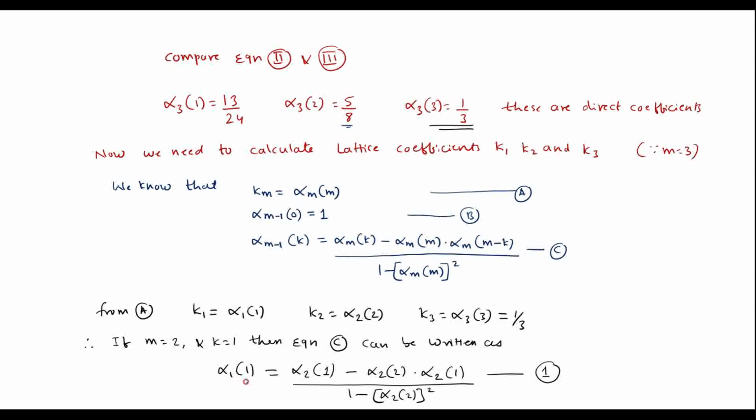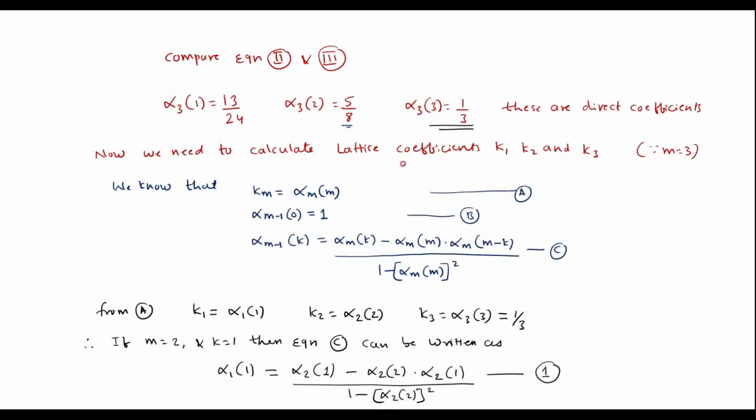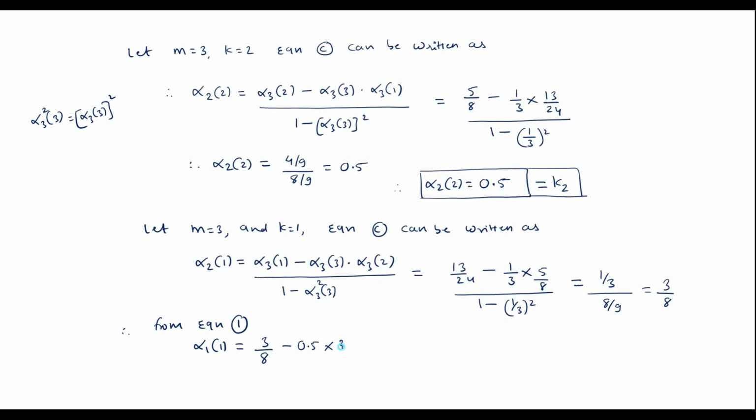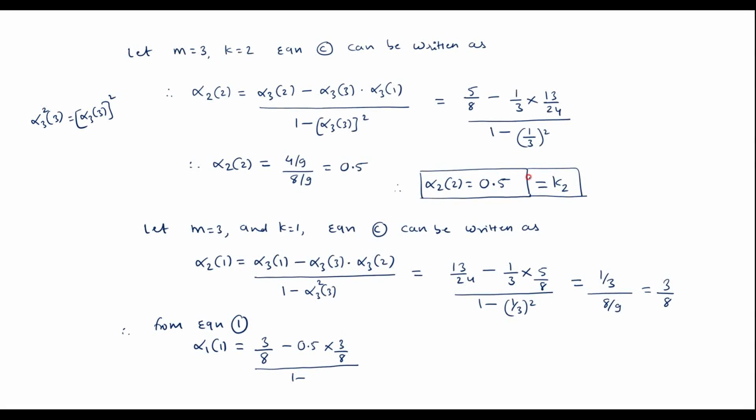Now we'll try to find alpha 1 of 1, that is equation number 1. Therefore from equation 1, alpha 1 of 1 is equal to, we have alpha 2 of 1 value is 3 by 8, minus alpha 2 of 2 value is 1 by 2 or 0.5, into alpha 2 of 1 value is 3 by 8, whole divided by, we have 1 minus alpha 2 of 2 square, 1 minus 0.5 square.